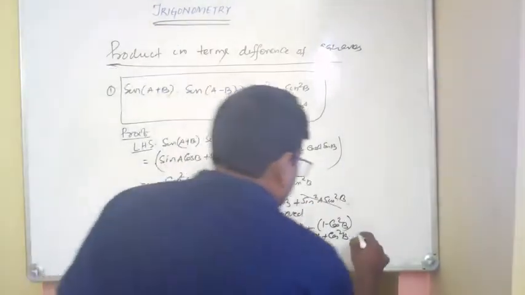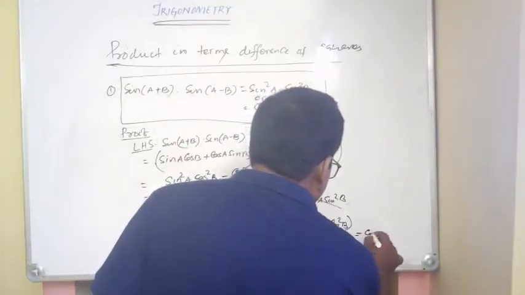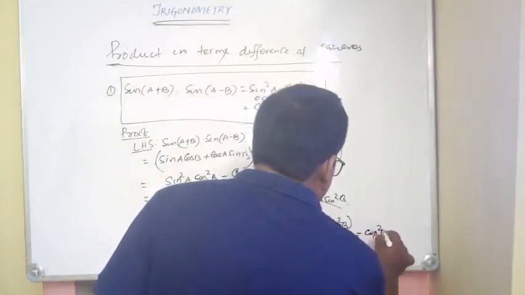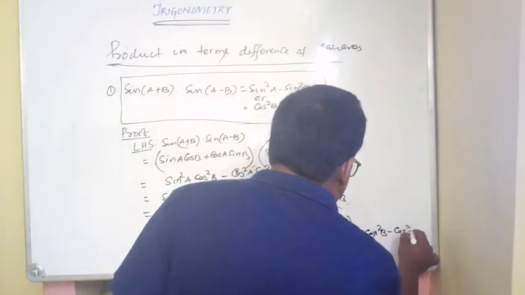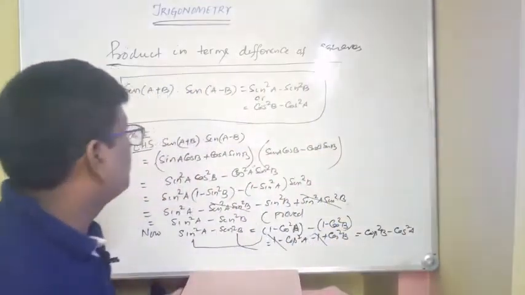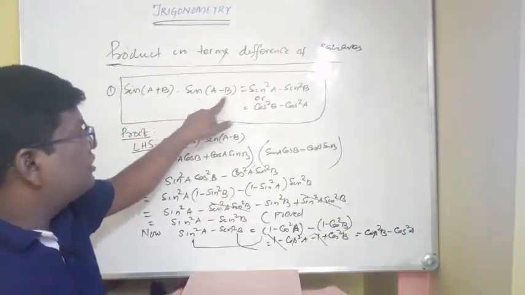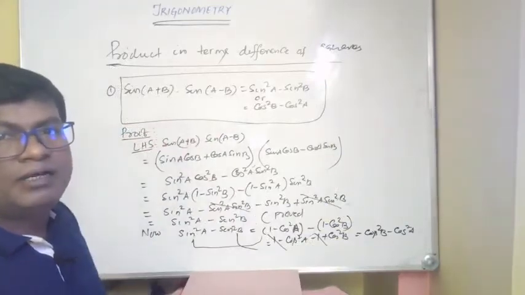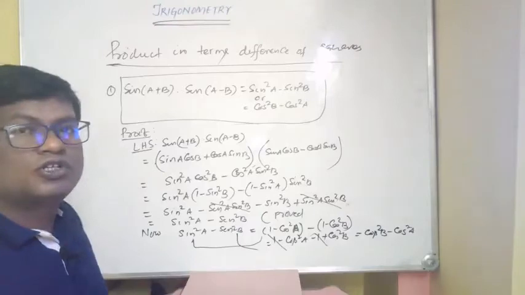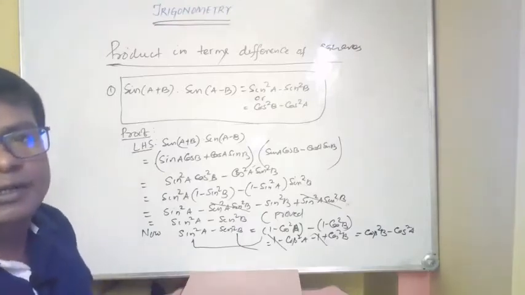It is cos square B minus cos square A. Hence proved: sin(A+B) sin(A−B) is equal to sin square A minus sin square B, or cos square B minus cos square A.